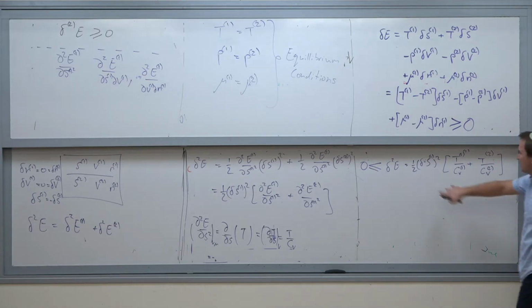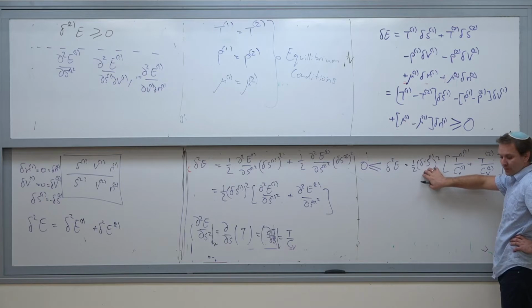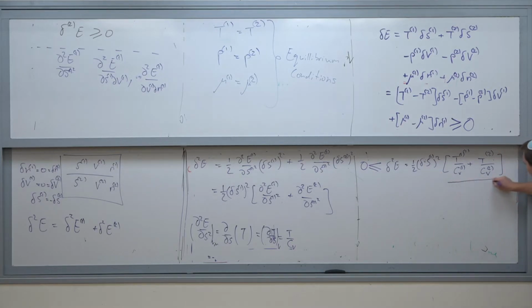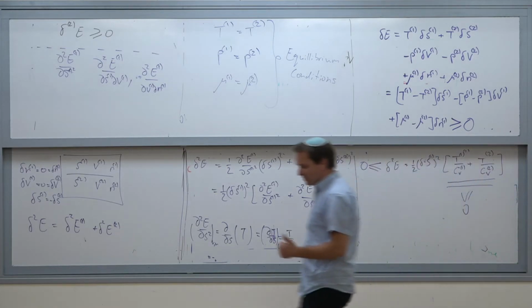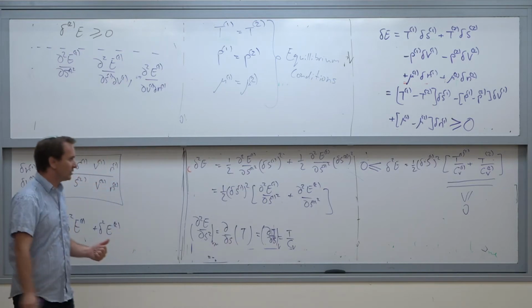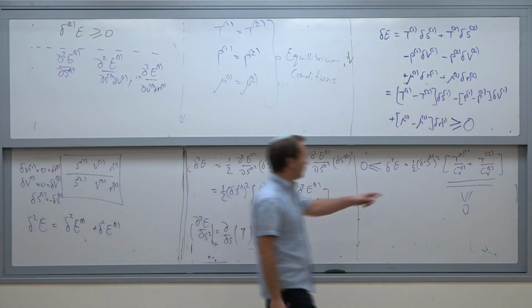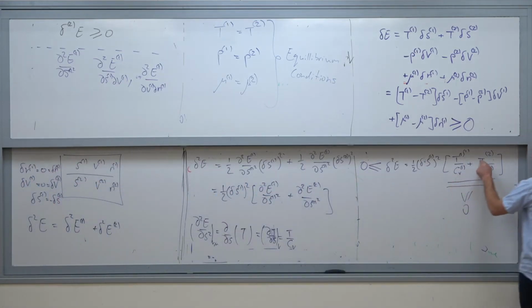It's arbitrary, but its square is always positive. So this term must be positive. Okay. But we want something about a single system, right? Here we have T1 divided by CV1 plus T2 divided by CV2 greater than 0.